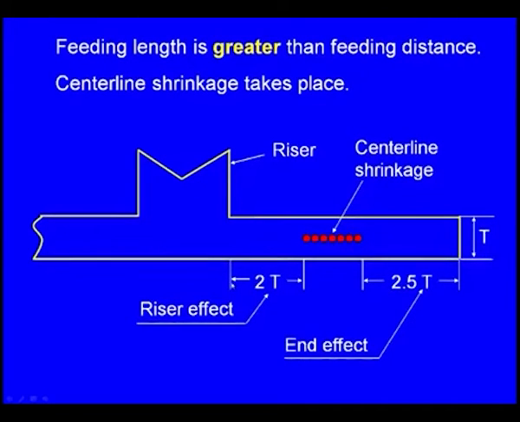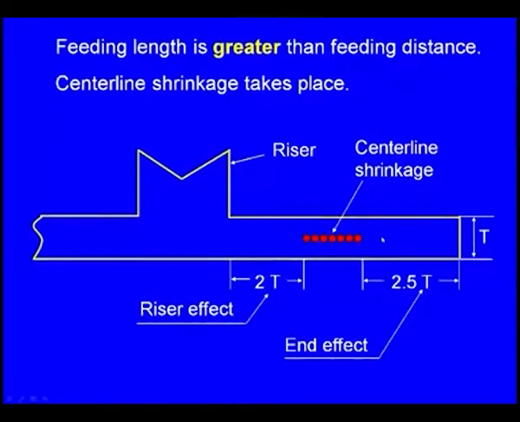Here we can see the riser effect, meaning the distance covered by the riser to prevent the shrinkage cavity, that is 2T, and this is the end effect, 2.5T, the distance covered by the edge of the casting to prevent the shrinkage cavity. So, in this portion there is no shrinkage cavity because of the end effect. In this portion there is no shrinkage cavity because of the riser effect.